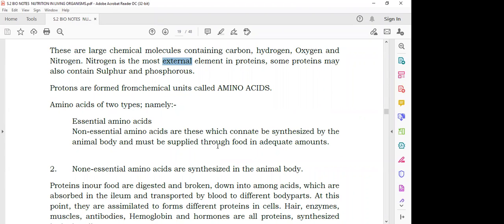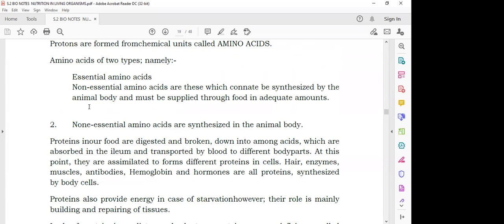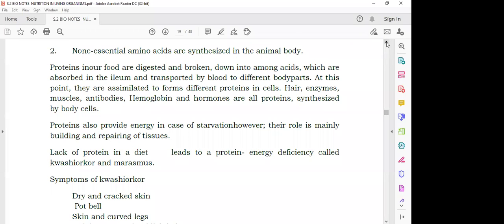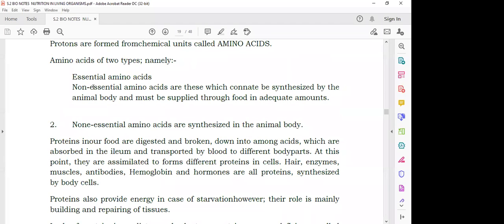Can you pay attention here? This statement should be: essential amino acids are those which cannot be synthesized by the body. So you remove the word "non". It should be essential amino acids.